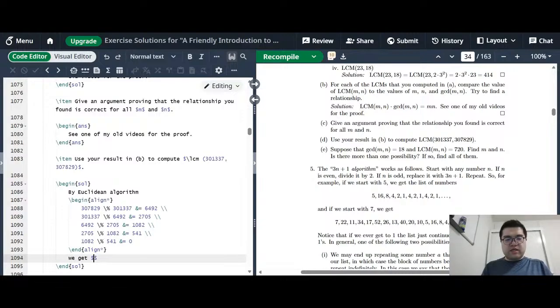We get the GCD of these two numbers. The first number is the smaller one, and the second number is the bigger one. This here is going to be equal to 541. So this is the GCD.